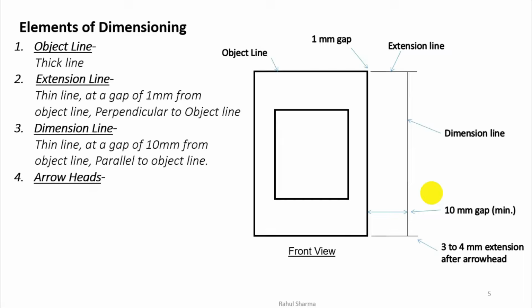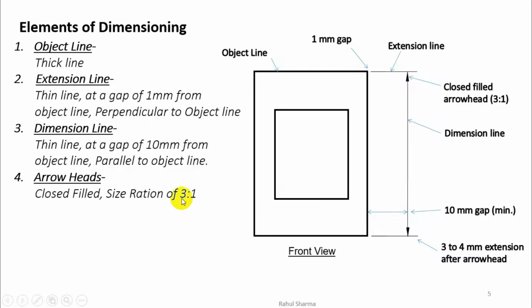Now the next element is arrowheads. We draw arrowheads at the corner of dimension line and its tip should be on the extension line. The arrowhead should be a closed arrowhead and it should have a ratio of 3:1. I will discuss the arrowhead again in the coming slide.